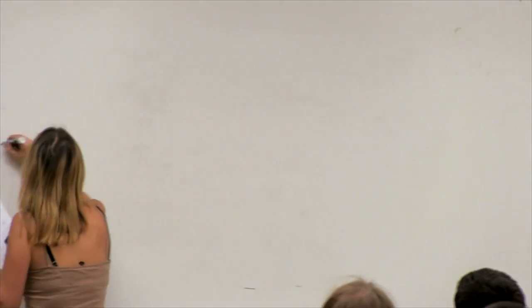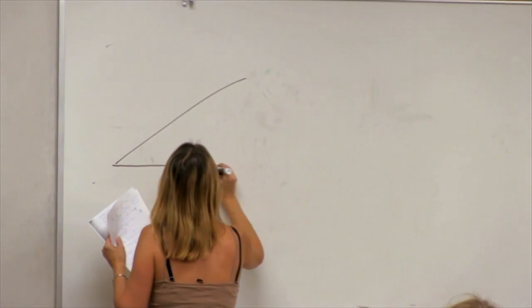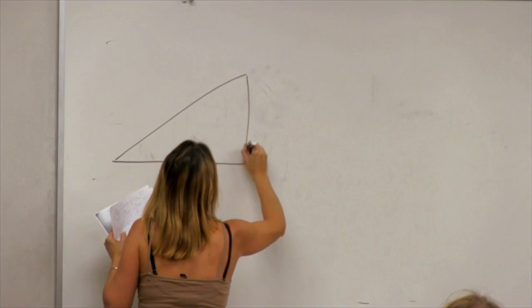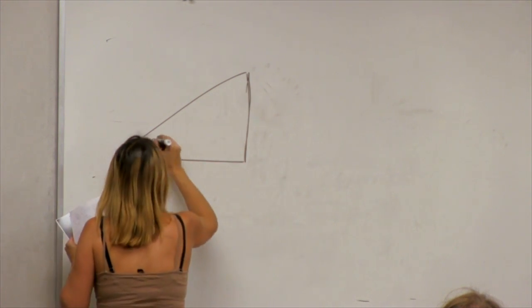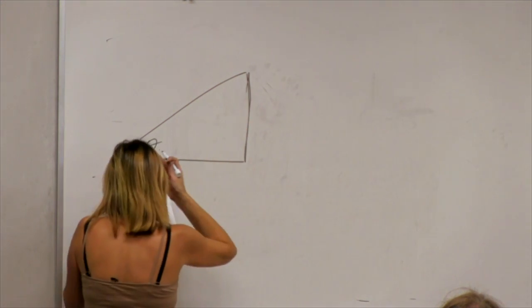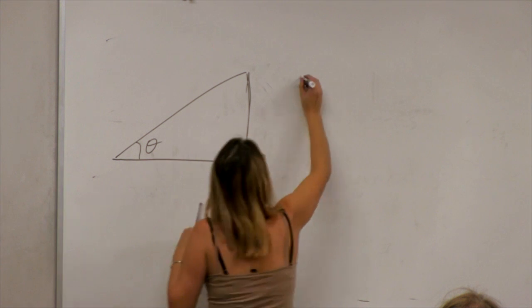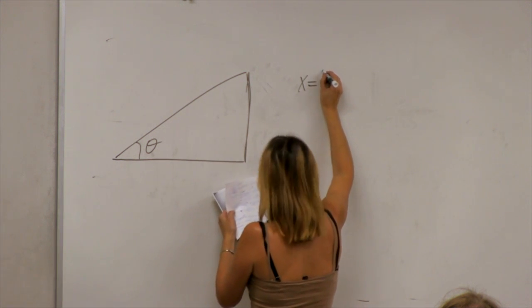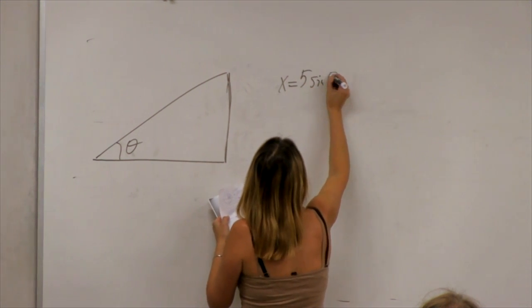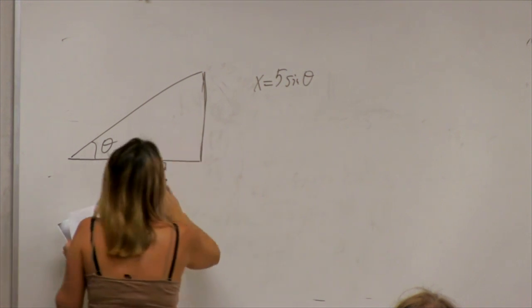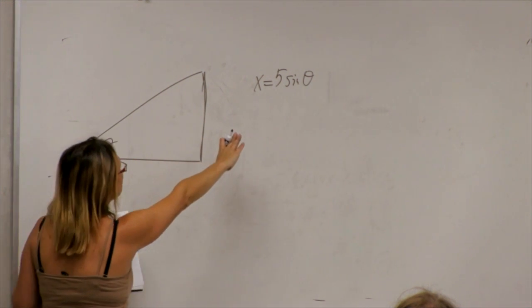So what I'm going to draw is the definition of theta. What do I know about theta? I can draw theta and draw a right triangle. And the definition is such that x equals 5 sine theta. So what's the easiest triangle that satisfies this property?